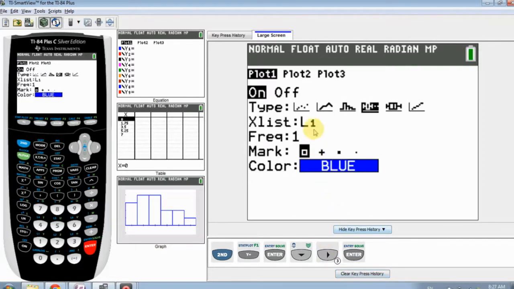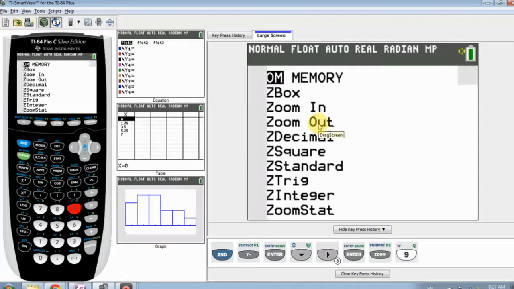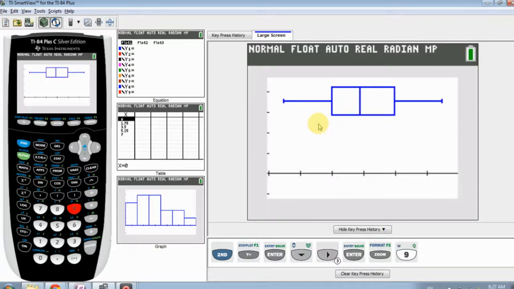Verify that we're still in list 1. Zoom 9. Hey, that's pretty good. The median's almost dead on the center, right? Most importantly, there are no outliers.